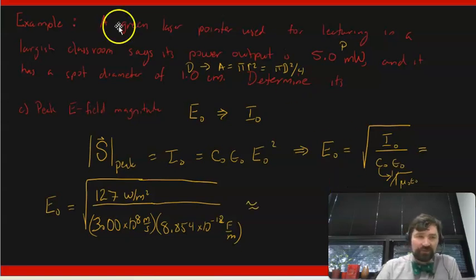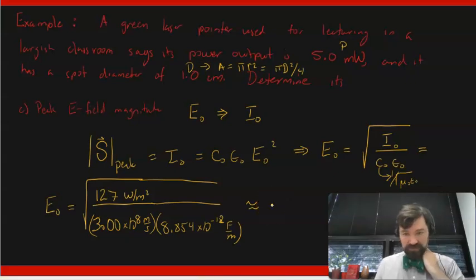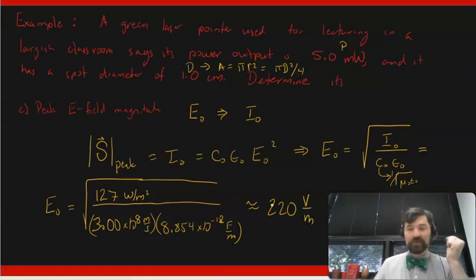That one we got to throw into a calculator. When we put it into the calculator, we get a value of about 218.9. So let's call that 220 volts per meter.